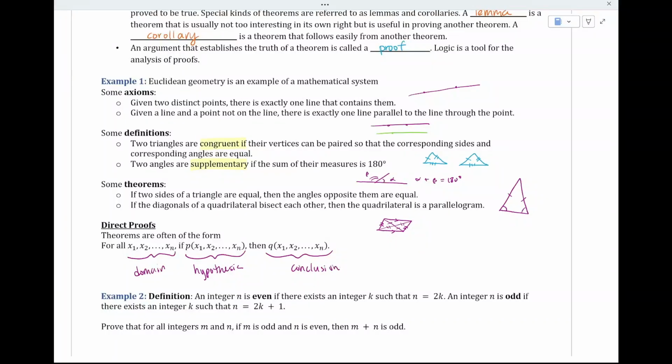So for a certain domain, I have this hypothesis that is going to lead me to a certain conclusion. When we are working with our direct proofs, we're going to say, let's let this variable be in my domain, and we're going to assume that our hypothesis is true, and then we're going to try to prove that it follows, using the tools of logic, that my conclusion is also true.